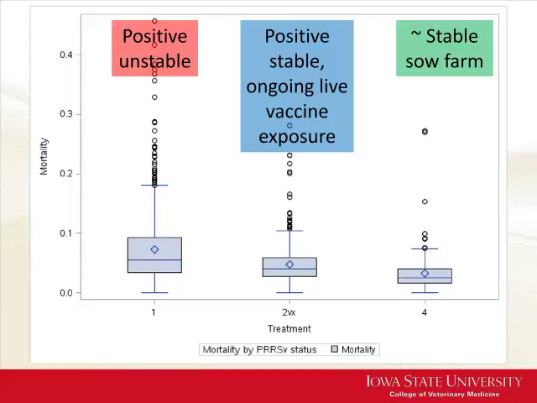On the y-axis you have the mortality, and here is the distribution of mortality of the flows that came from sow farms classified as status 1 in the swine health monitoring project, meaning positive unstable for PRRS virus. And here the distribution of 2VX and 4, and you see a trend showing that as farms move from 1 to 2VX to 4, mortality went down.